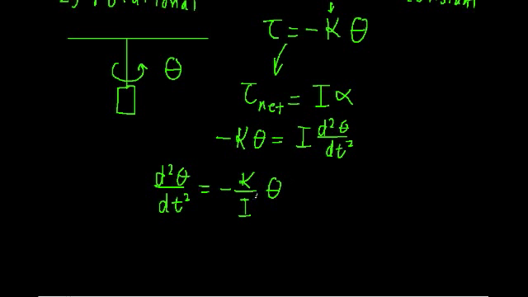So this is the equation for simple harmonic motion with omega squared defined as kappa divided by I, which means that this mass and the wire will twist or rotate back and forth with simple harmonic motion with a period given by 2 pi times radical I over kappa.